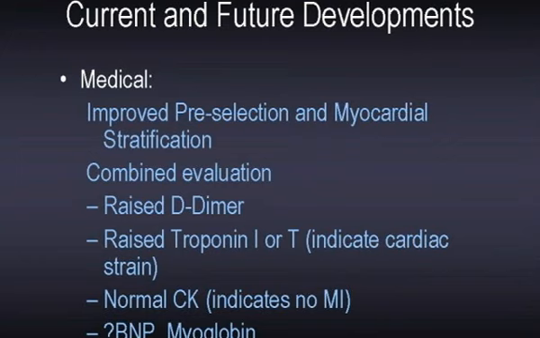Now, we're already aware of the possible impact of D-dimer evaluation, but our clinical colleagues are looking towards a whole spectrum of different biomarkers, such as subtypes of the troponins, creatine kinase, but also brain natriuretic peptide and myoglobins, because these may be used as a panel to help differentiate patients who have cardiac disease who require a different sort of workup from those patients who have pulmonary thromboembolic disease.